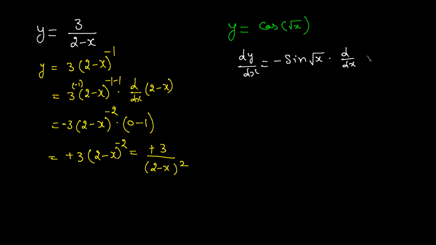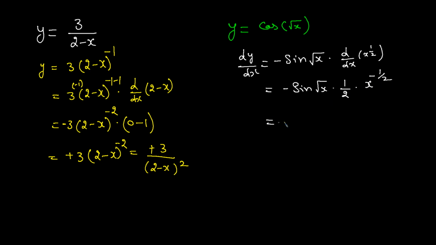The square root of x can be written as x raised to the power 1 over 2. The derivative of x raised to the power 1 over 2 is 1 over 2, which comes forward, using the power rule, and this becomes x raised to the power negative 1/2.